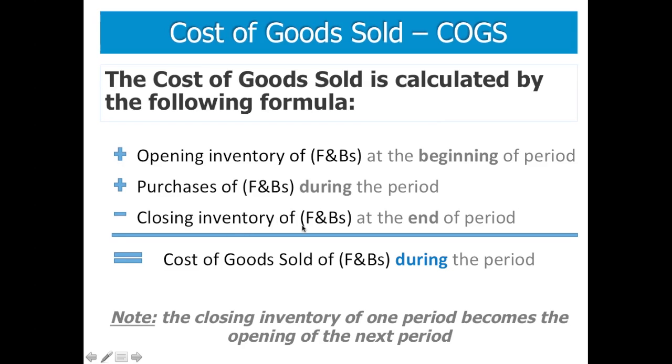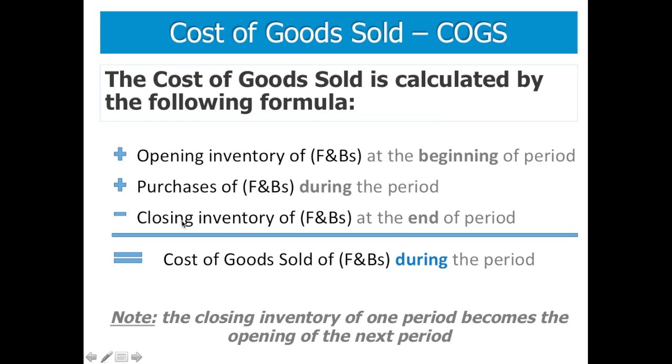Just one note. Remember, here we have the closing inventory. Let's say we have 1,000 euros of foods and beverages. How do I find this? I conduct an inventory. I go and count, and I find the receipts, my invoices, and I see how much I bought them for. And I have here, let's say, 1,000 euros.